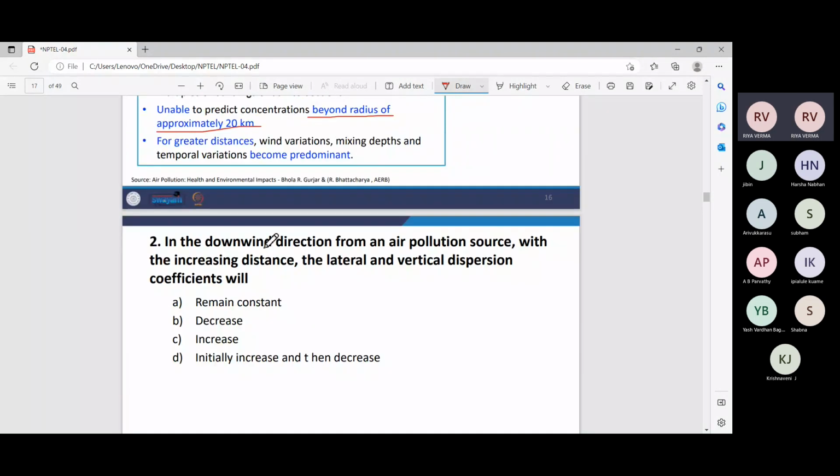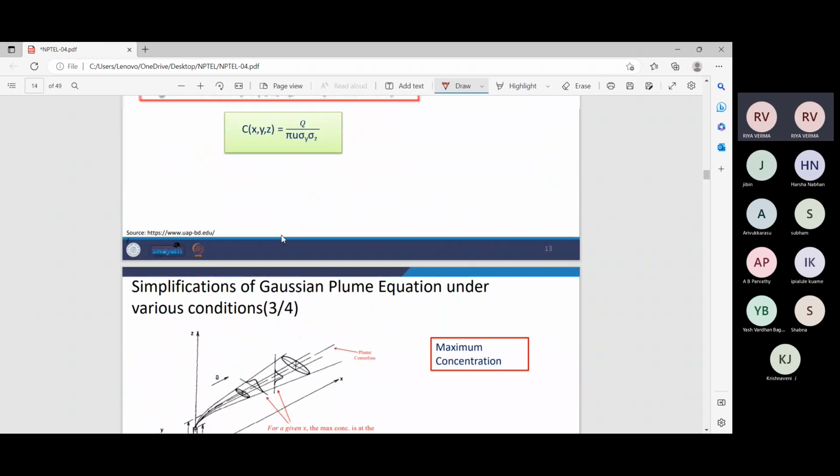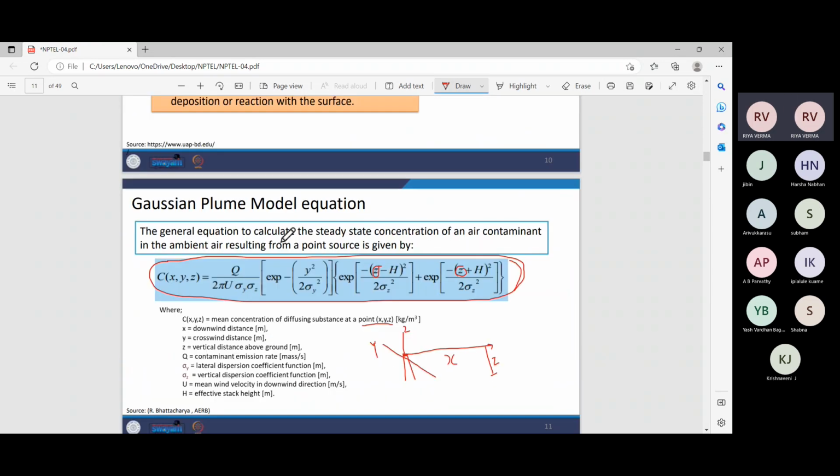Now, next: in the downwind direction from an air pollution source, with the increasing distance, the lateral and vertical dispersion coefficients will what? What are these lateral and vertical dispersion coefficients? Can anyone tell me? I've just explained these two terms in the equation of the Gaussian plume model.